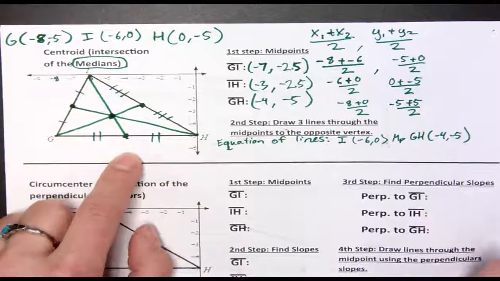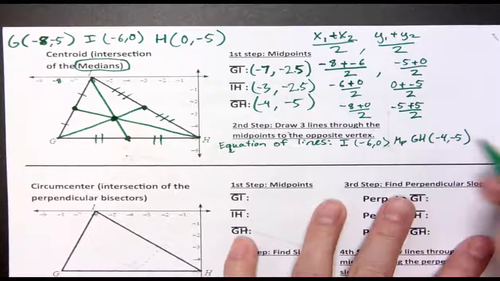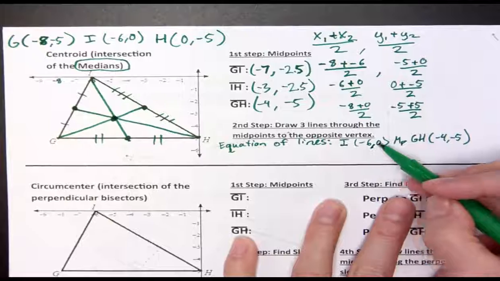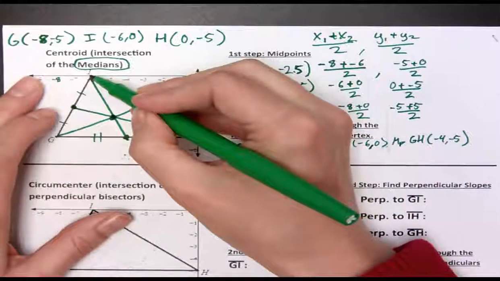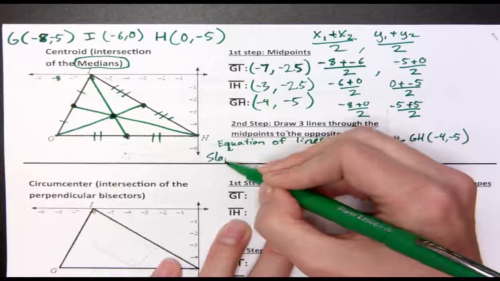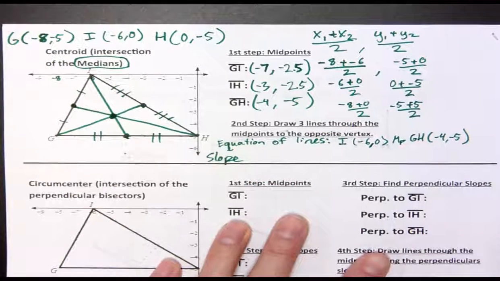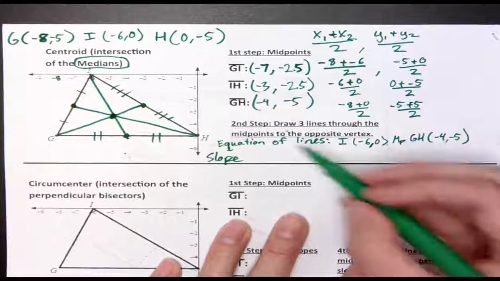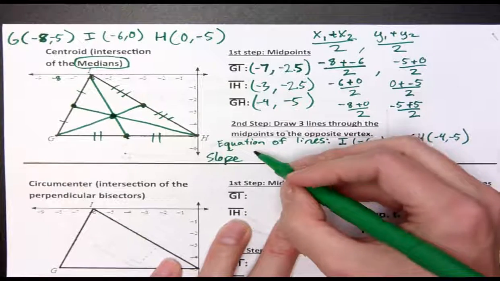Okay, but what I have to do to find the equation of the line is I take my original point, and so I'm taking 2 points from the line. And from those, I find slope. So do you guys remember how to find slope? I subtract the y's over the x's, right?